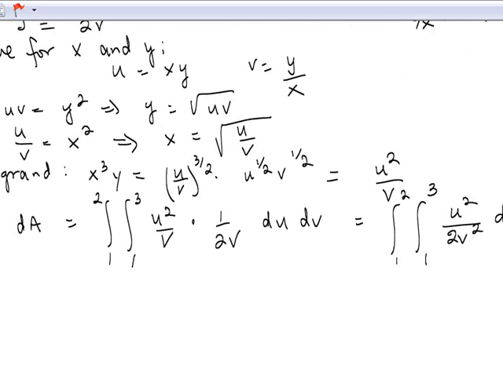First, integrate with respect to u. When you integrate with respect to u, what do we have here? Very good. U cubed over 6v squared, u goes from 1 to 3.